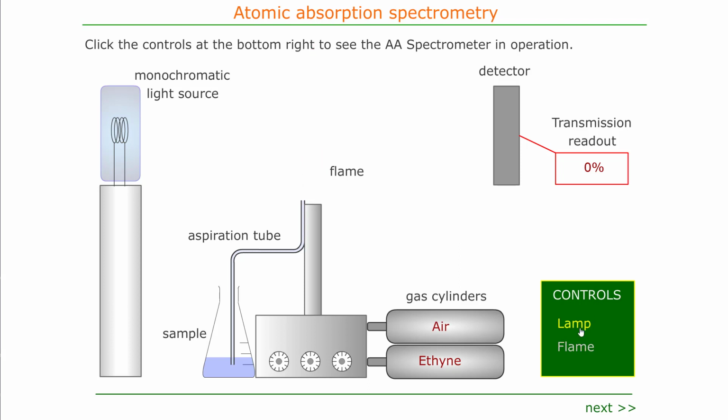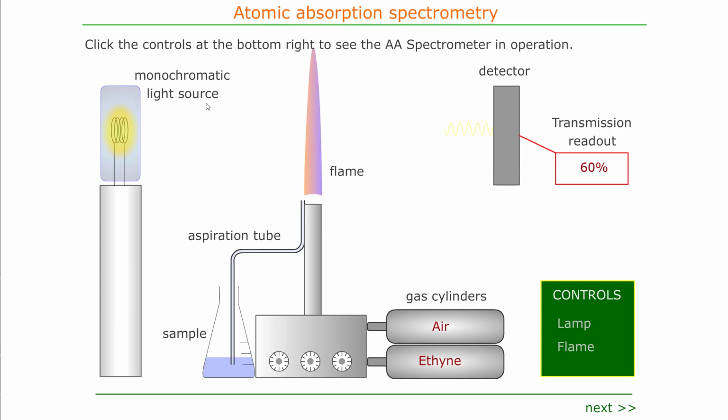Without the flame, we'll turn the flame off, with just the lamp sending signals straight through to the detector, it will have 100% readout. Once we turn the flame on, the readout will fall at the particular wavelength that is coming from this monochromatic light source. Now, when it says monochromatic, it means that it's only emitting one particular wavelength.